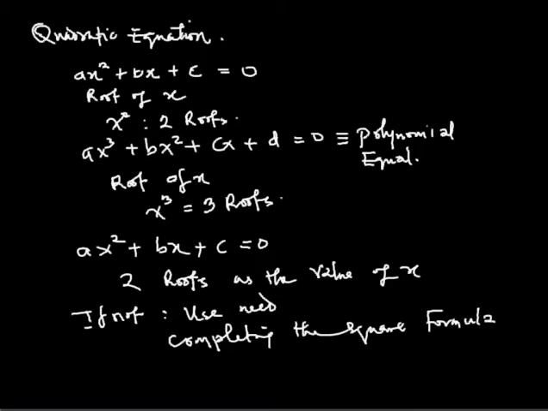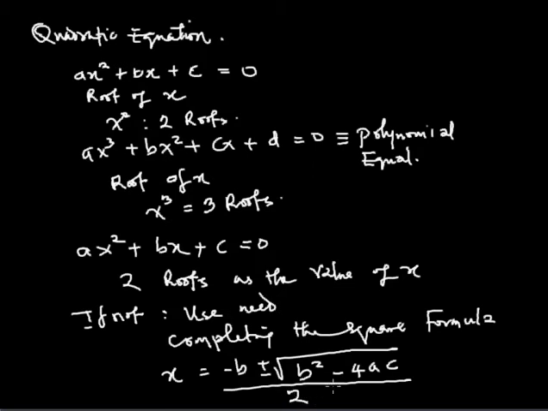And in our earlier classes, we mentioned the almighty formula, which is in the form of x equals minus b plus or minus square root of b square minus 4ac, over 2a.